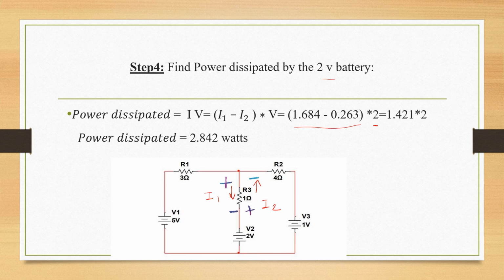And voltage is nothing but the voltage across the component where we want to find the power dissipation. So the voltage here is 2 volt. By putting the values, I1 is 1.684 ampere, then I2 is 0.263 ampere, multiplied by 2. Answer is 2.842 watts. This is my power dissipation by the 2-volt battery.